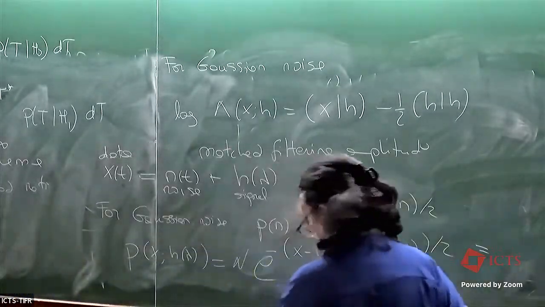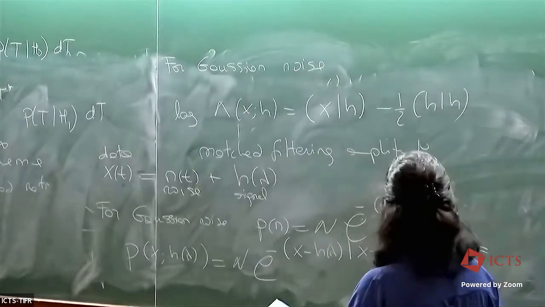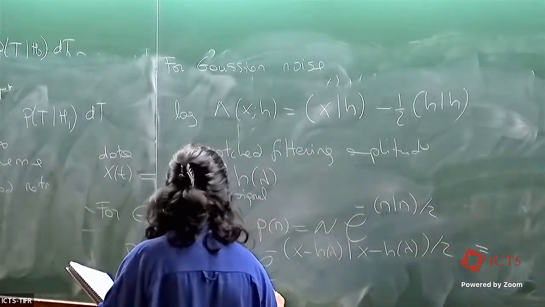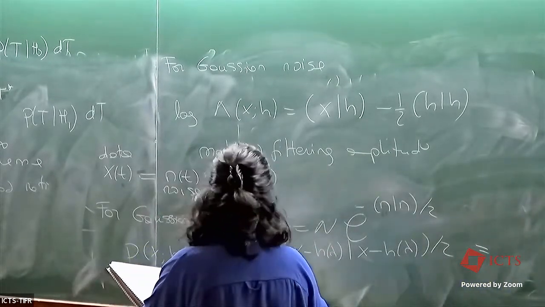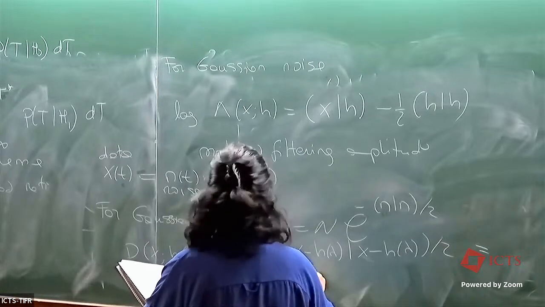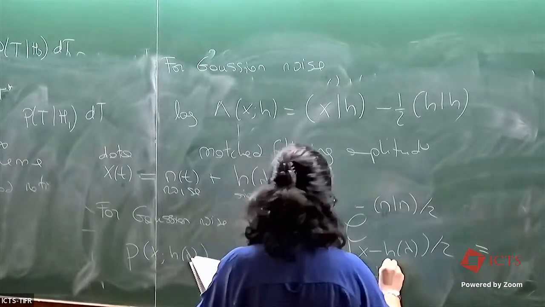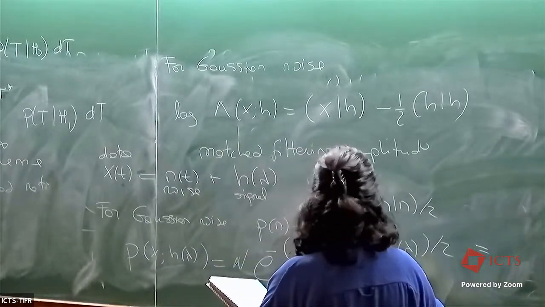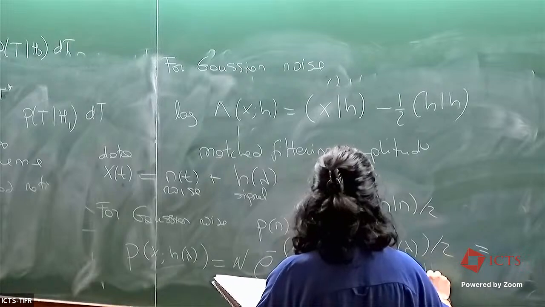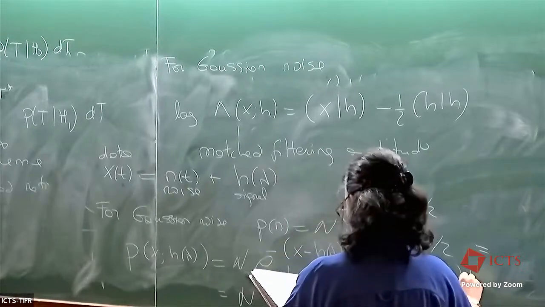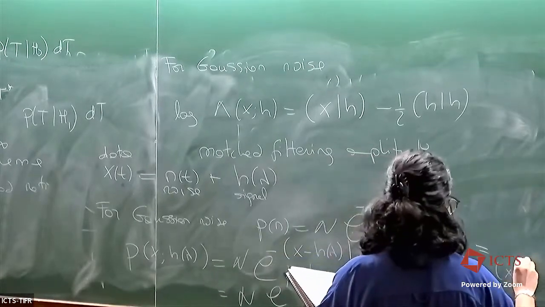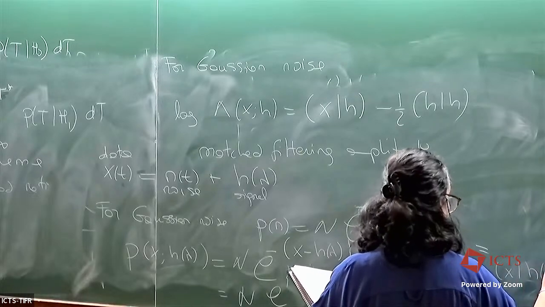Now you can easily derive that I can rewrite this as x with x minus 1/2 h with h plus x with h.